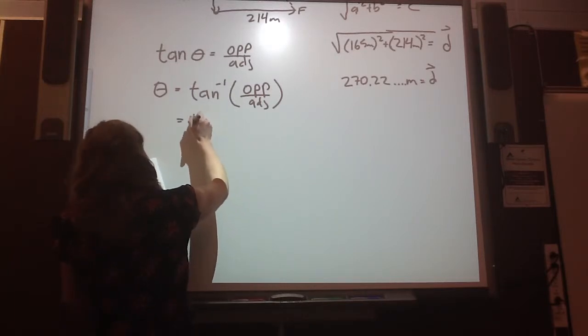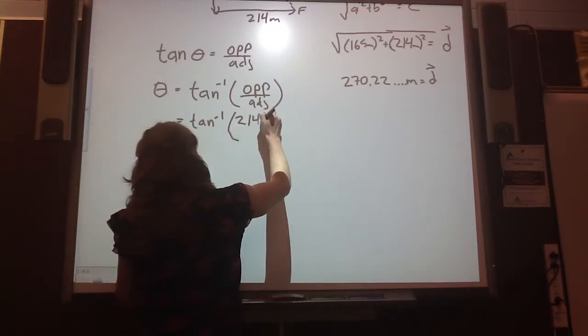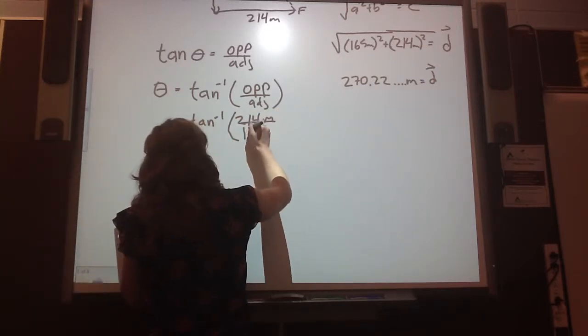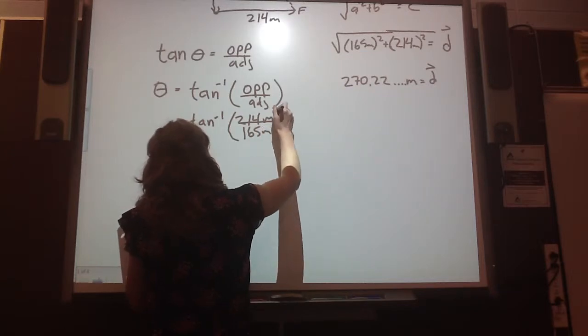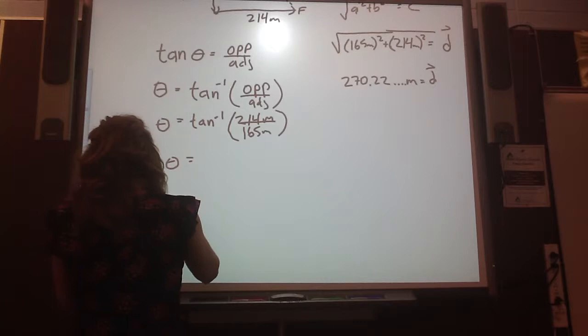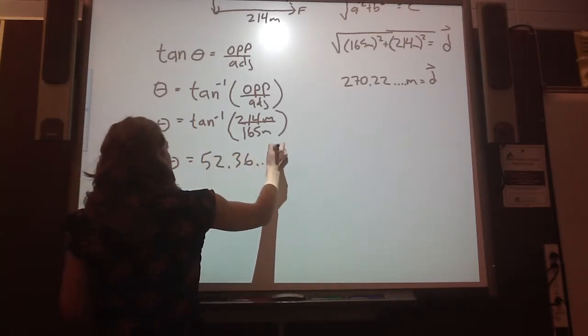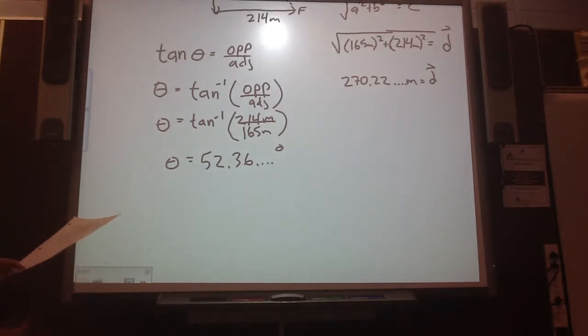So to plug this in, 214 meters divided by 165 meters. So theta then equals 52.36, etc. degrees.